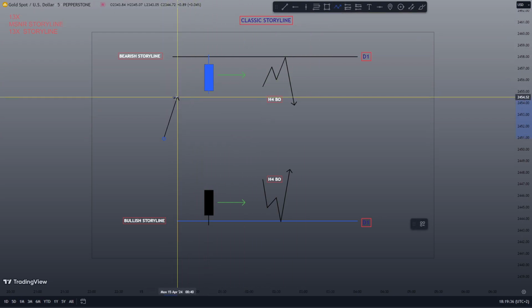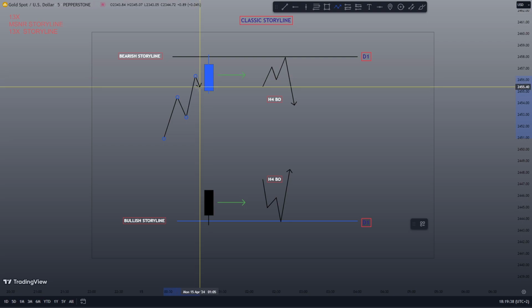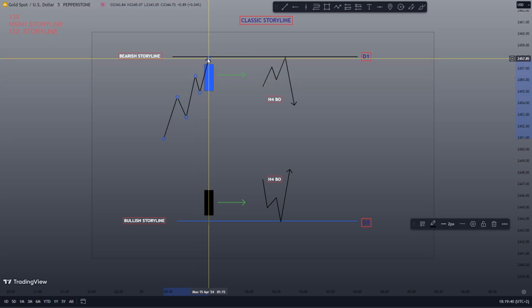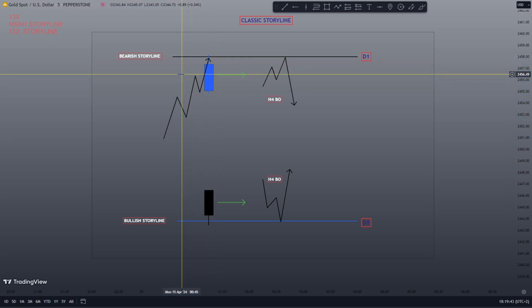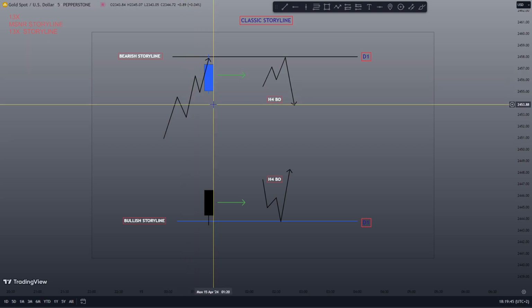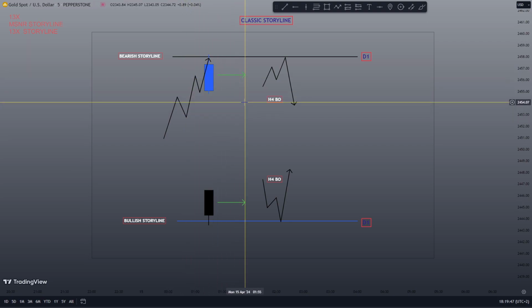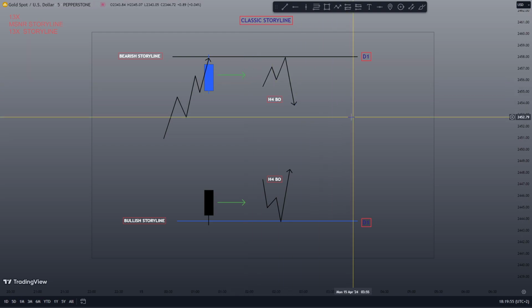We want to see price being rejected when it touches our daily fresh level. The third one, we need an H4 breakout.